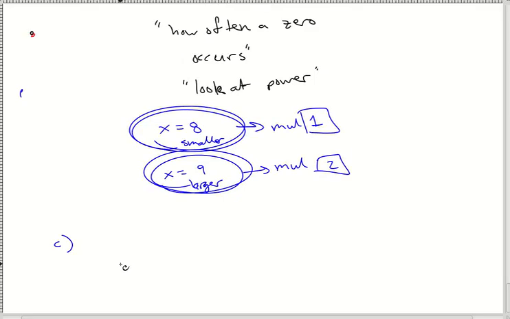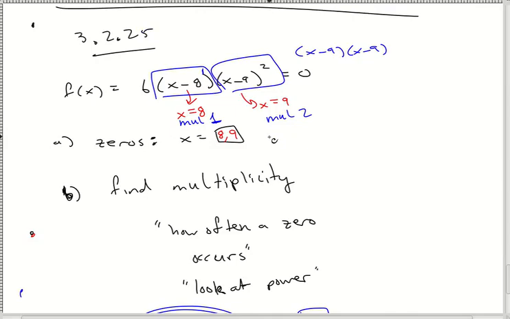I know it's rough. Part C is going to say, where does it cross the x-axis, and where does it touch the x-axis? Now, when we found our zeros, these are also x-intercepts.